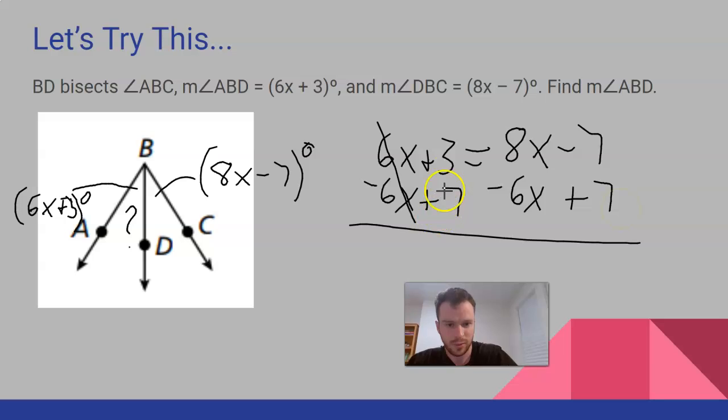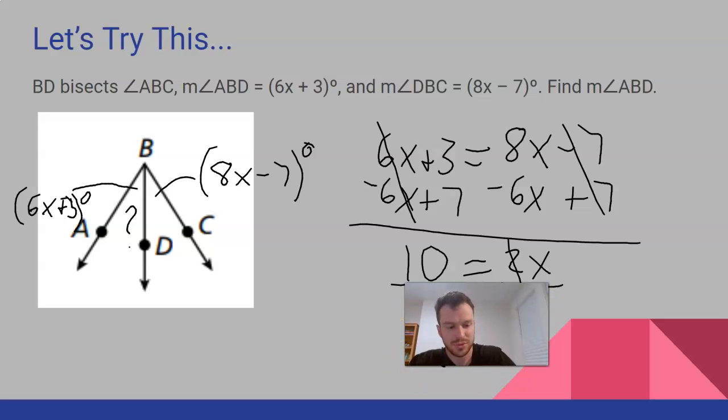So that'll leave me with just a number on one side, which is 10. 3 plus 7 is 10. And then 8x minus 6x is 2x. So I have the x term on one side, and then just the number on the other. So now I'm going to divide both sides by 2. So 10 divided by 2 is 5. X equals 5. So that's not our final answer.